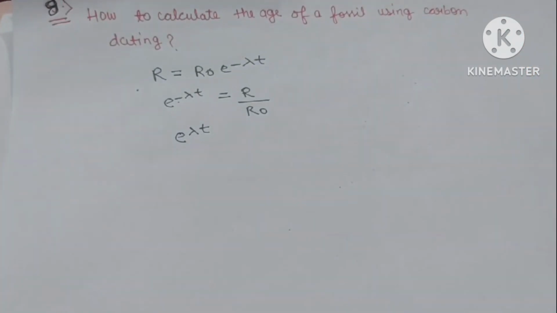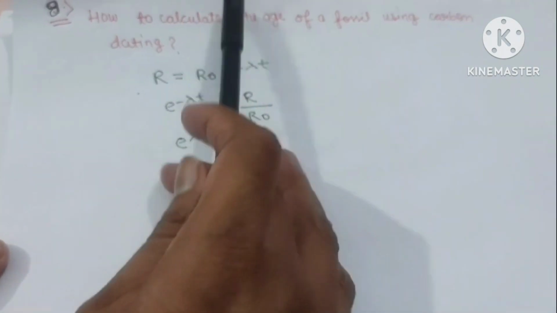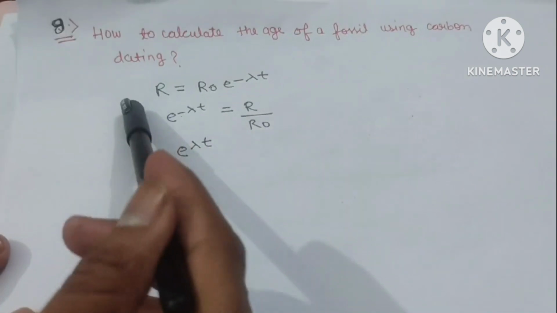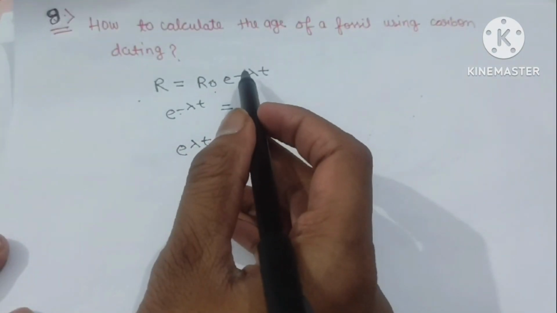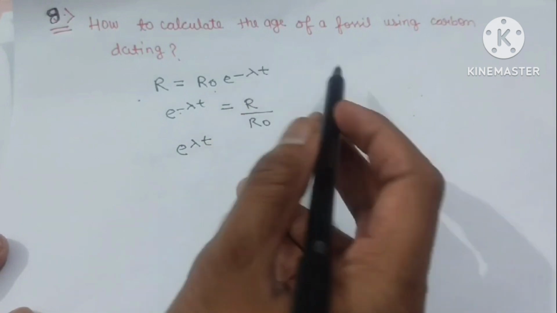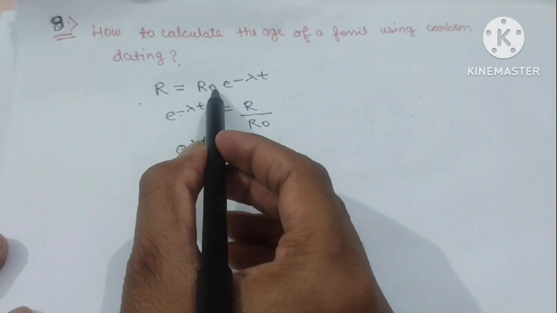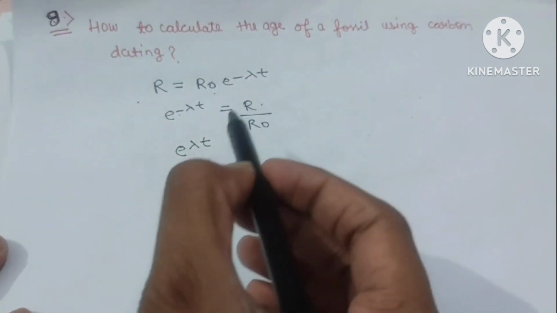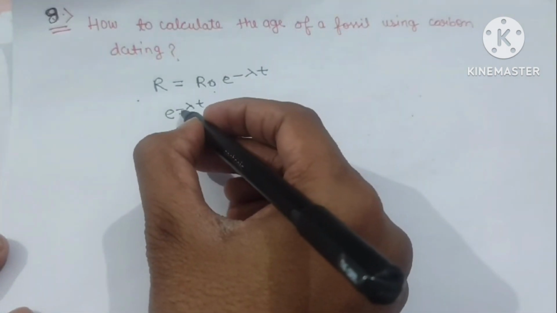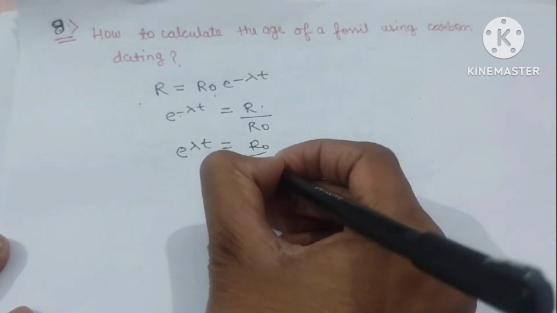Hello everyone, today we will know how to calculate the age of a fossil using carbon dating. Okay, so we should know the formula first. This is R equal to R naught e to the power minus lambda t, and we'll divide with the R naught, then we'll get this, and now making it positive, R naught by R will be the form.